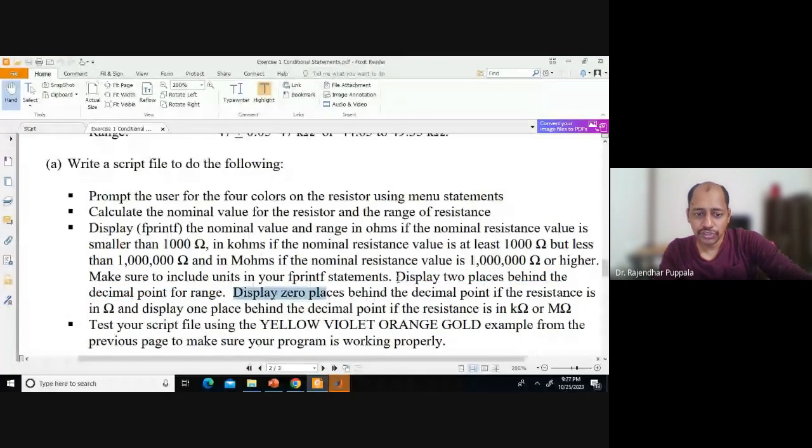So for the range only it was mentioned. For the range, display two places behind the decimal, and display zero places behind the decimal point if the resistance is in ohms. If it is in ohms, that is less than 1000 ohm, you have to place zero places. And if you are getting it in kilo ohm or mega ohm, one place behind the decimal. Right.